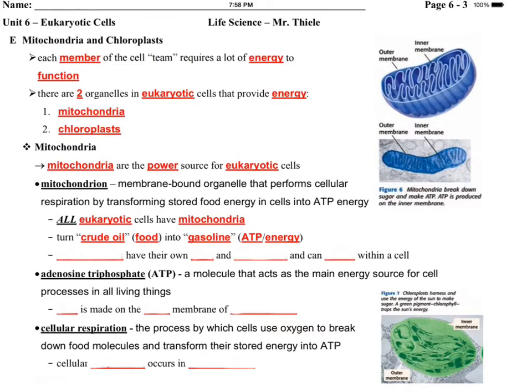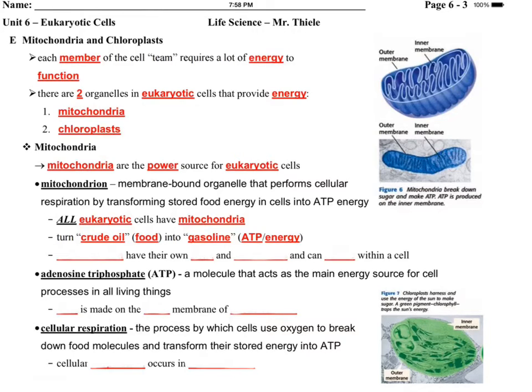If you took crude oil and put it in your gas tank, you would destroy your car. But that crude oil goes to an oil refinery and is broken down and ultimately is refined into gasoline. It's one of many products we get from crude oil. And that gasoline, you can put in your gas tank and run your car. It's a similar kind of thing. Raw food that we eat cannot be used directly by our body for energy.